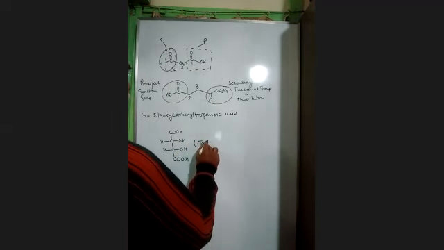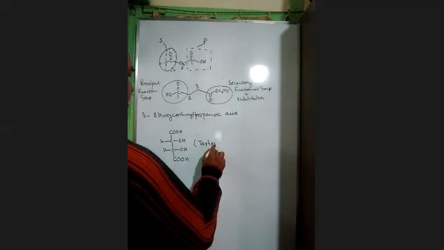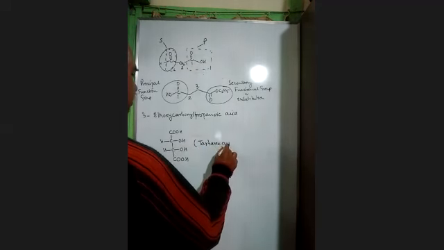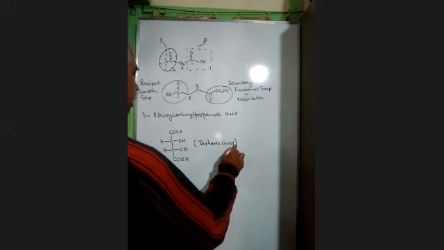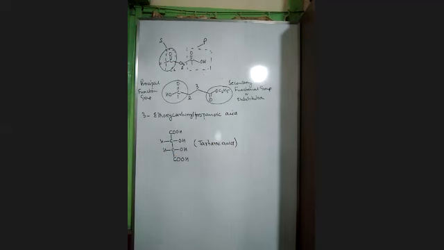We call it tartaric acid. Tartaric acid you get in tamarind. Tamarind, what do you call it in Khasi? Sokenthiu. Sokenthiu or what? Tamarind? Sakantay. Oh, Sokentay. Okay.